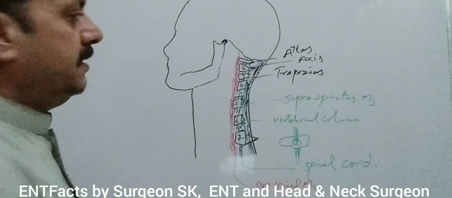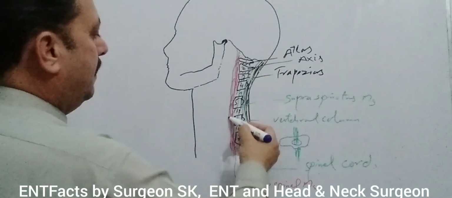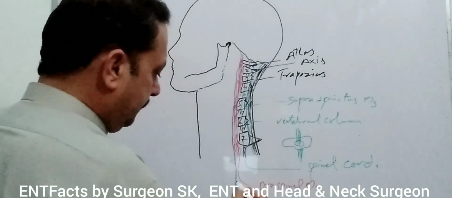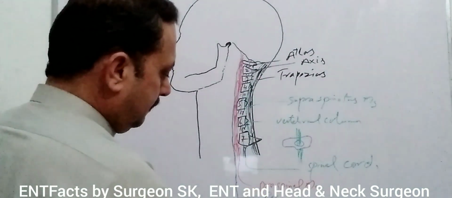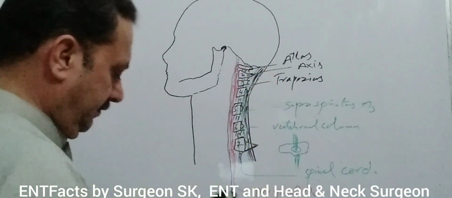Anterior to these muscles is the fascia, pre-spinal fascia. Anterior to that is the mucosa.